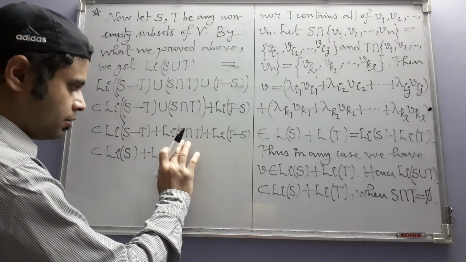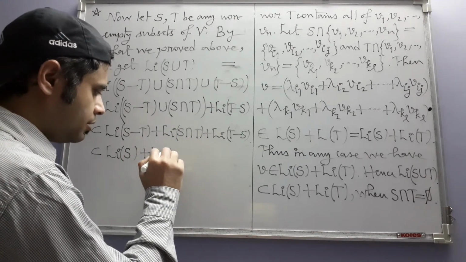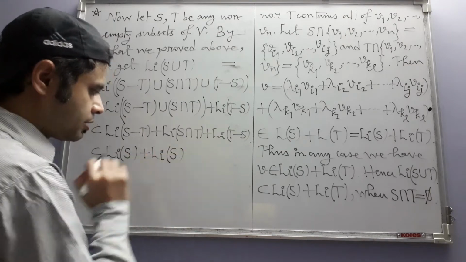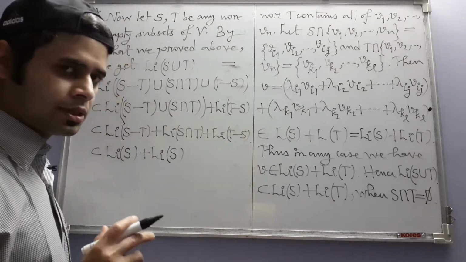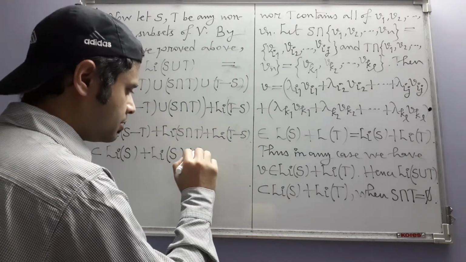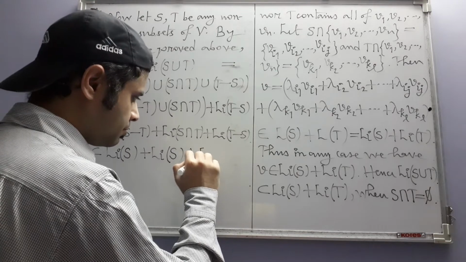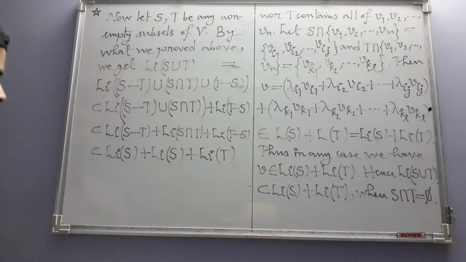Say this is a subset of S, and because of that this is contained in the linear span of S. And this one T minus S is a subset of T. So by part 1, this third term is a subset of the linear span of T.